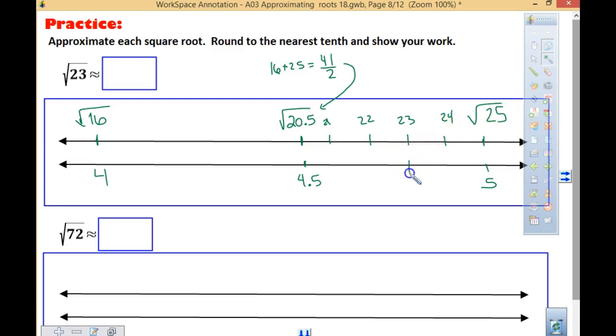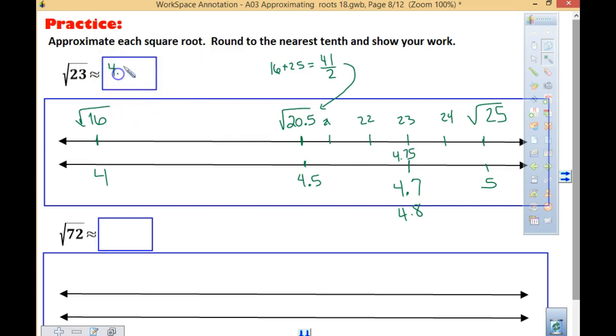So now I'm looking at this, and if this is 4.5, what do you think a good number would be? 4.75, 4.7. I'd take 4.7. I'd take 4.8. I'd take 4.75. I would take any of those answers for this one.